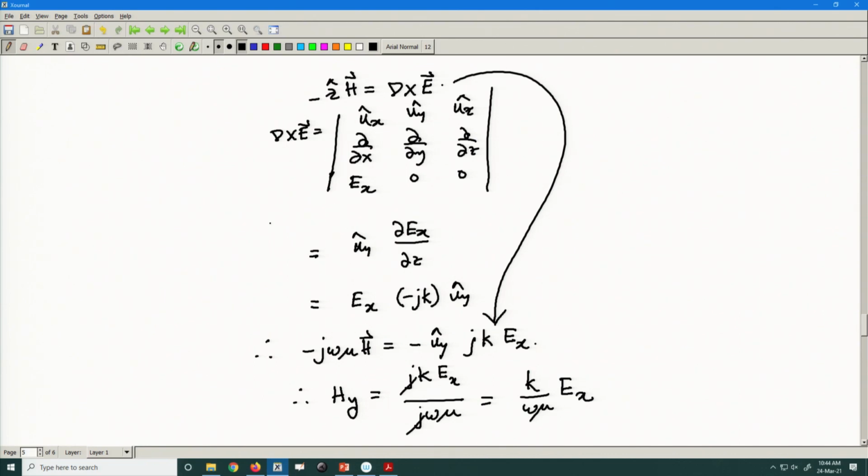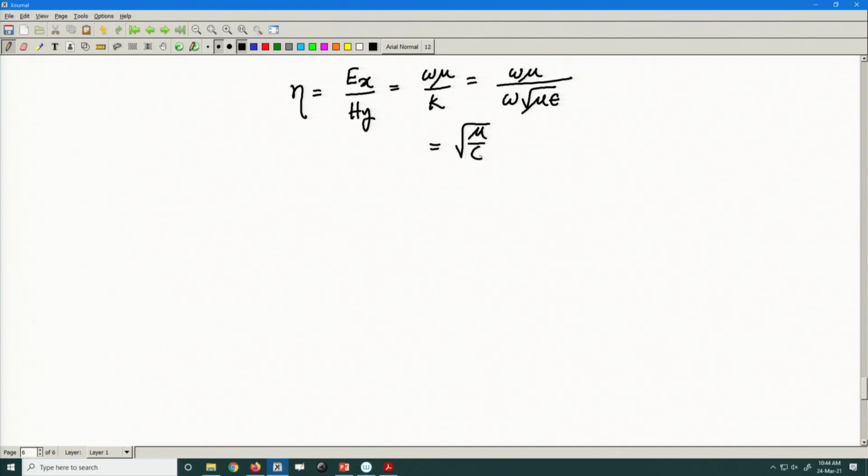So, now we come to the concept of wave impedance. So, eta, the wave impedance, is E x by H y, and that will be equal to omega mu by k, that is omega mu by omega root mu epsilon, that is root of mu by epsilon.